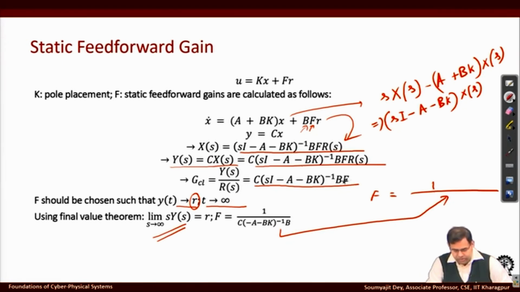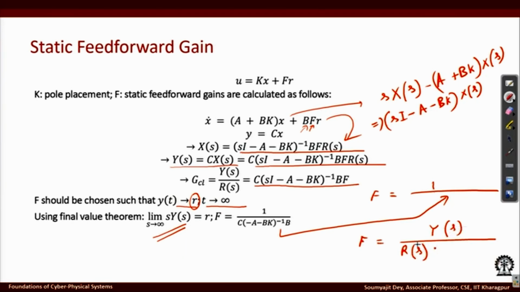So you see this form remains. That's what you have here, and if you apply the final value theorem, you eventually get an F of this form.